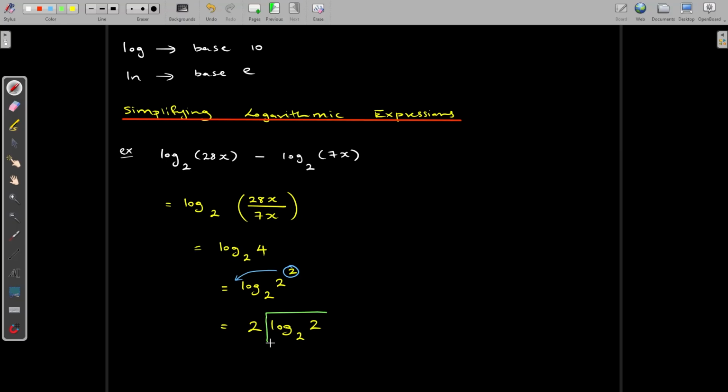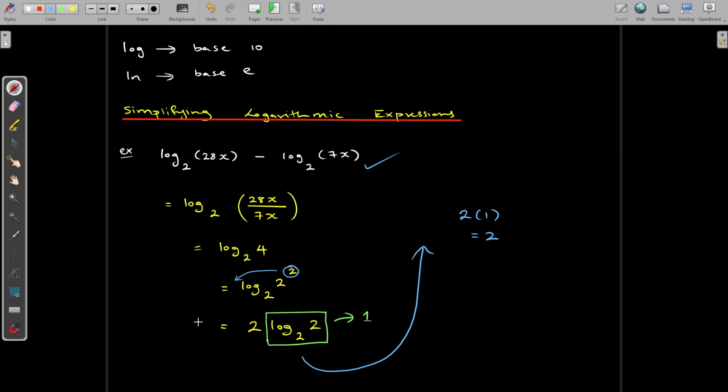Based on the law, we have the same base, same number, so this part here is just 1. So all of this now becomes 2 times 1, which is just 2. And this would be your final answer to this question.